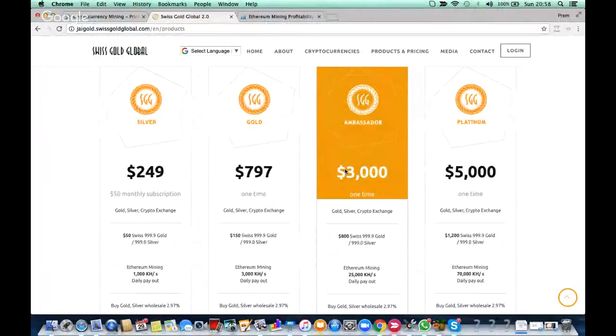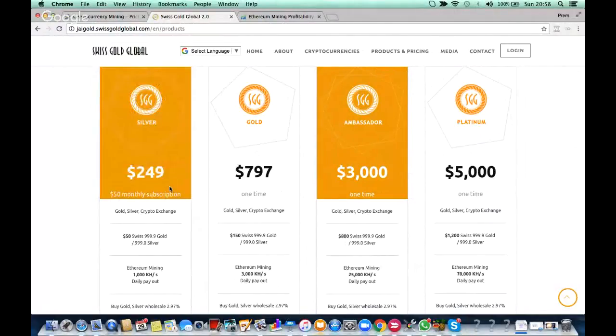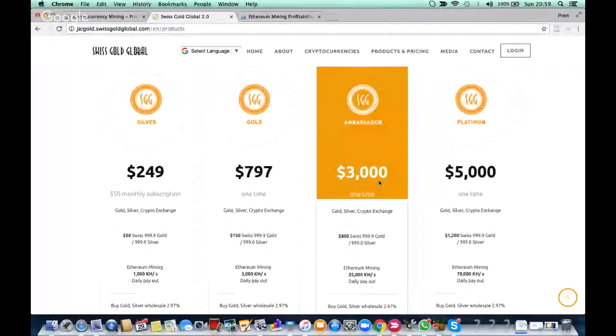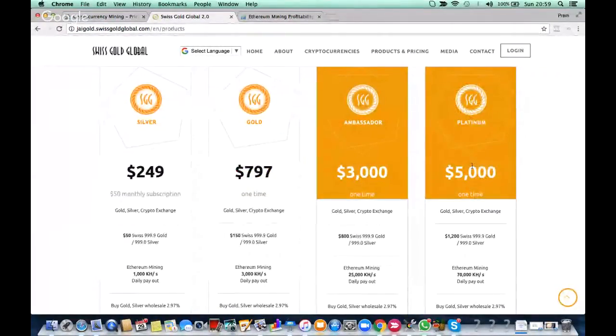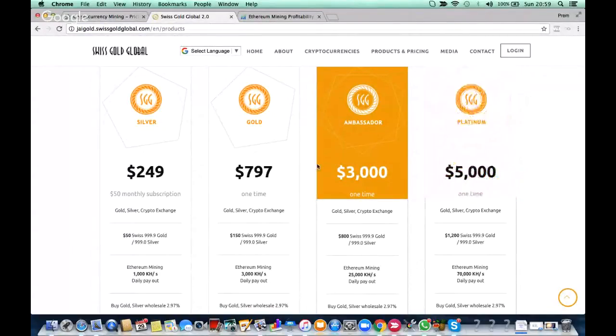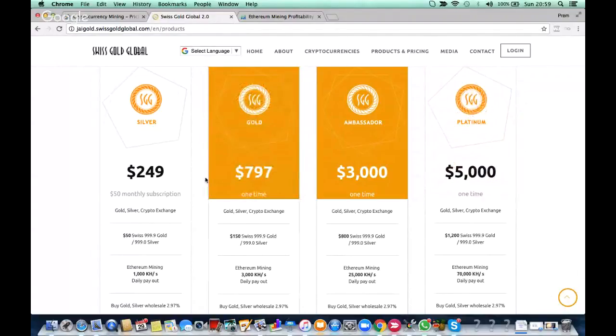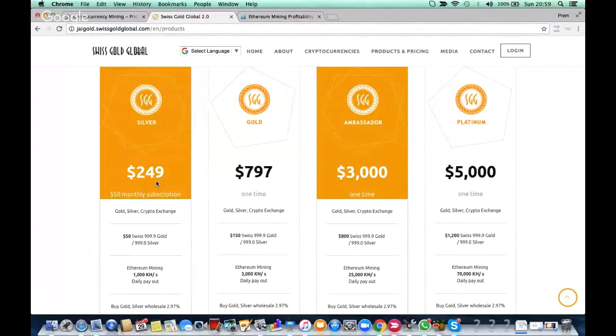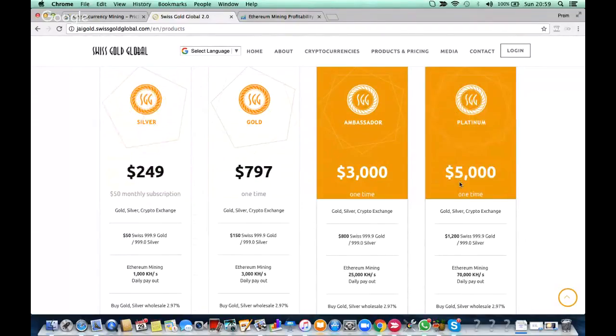Okay, all right. So everybody, this is something that can be understood very, very clearly. You do not get paid more if you jump from silver to gold and gold to ambassador and ambassador to platinum. You do not get paid higher commissions. The commissions are the same for everybody. So somebody who starts out at a lower affiliate level can make the same commissions as somebody who starts out at the 5,000 level.